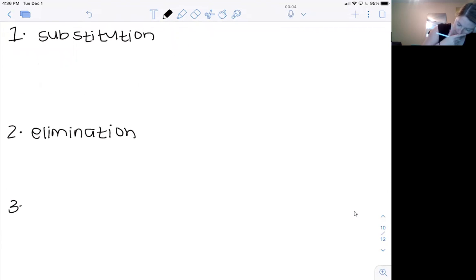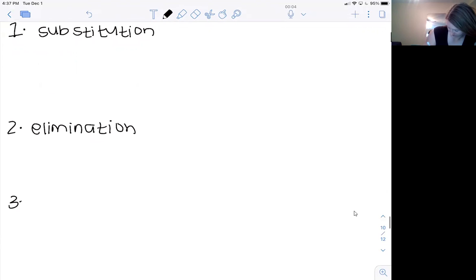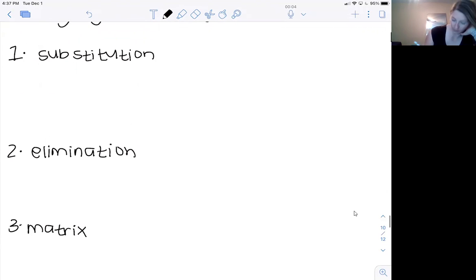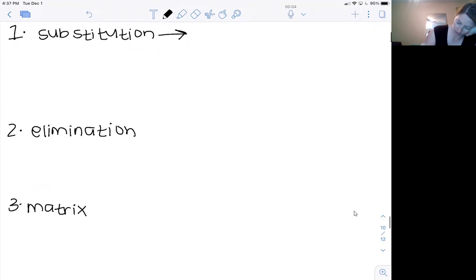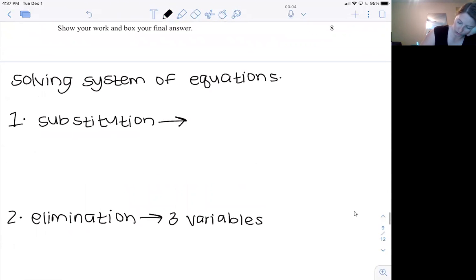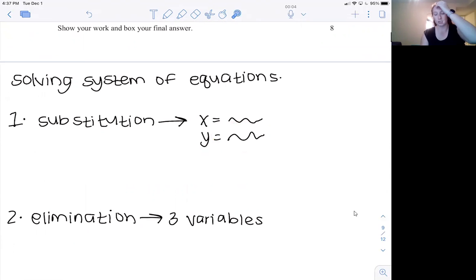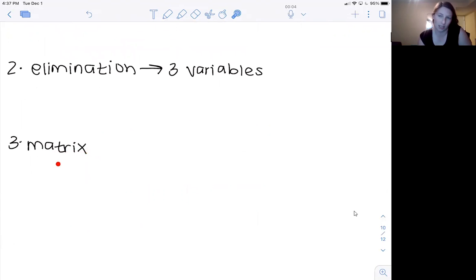And third way is using a matrix. And we're going to go through all of these. So elimination, you're usually going to use if you have three variables. Substitution you'll use if you can get an x equals something, a y equals something. So whether that's given to you or it's really easy to solve for x or y, that's when you're going to do it. Matrix you'll only do when they ask you to do it.